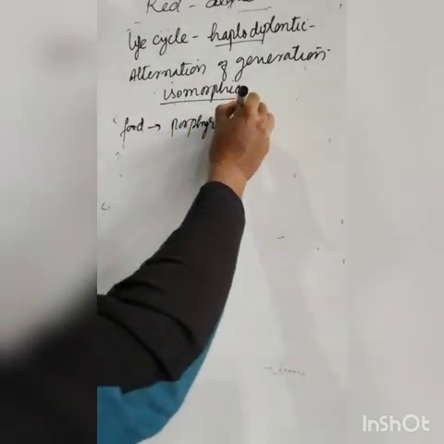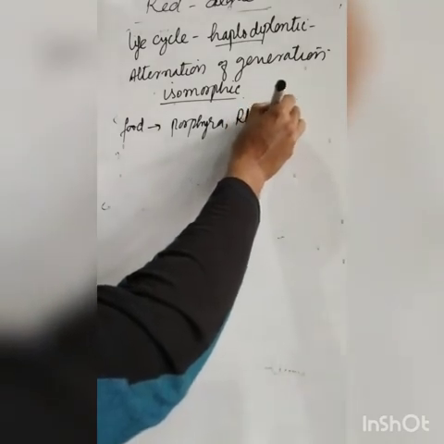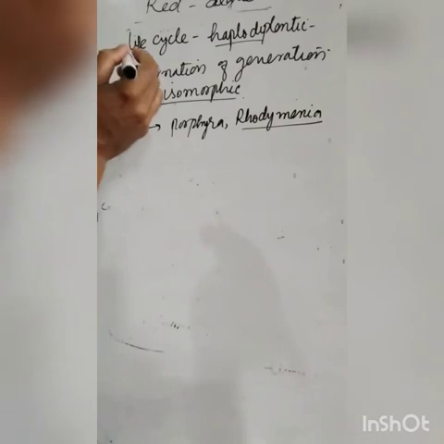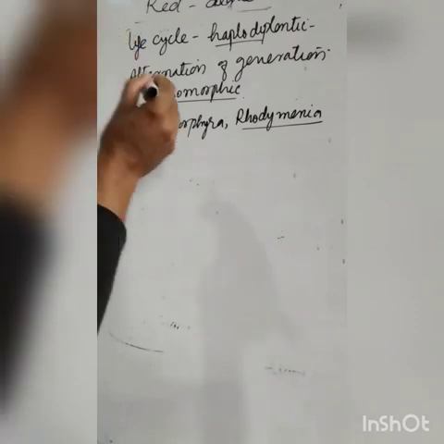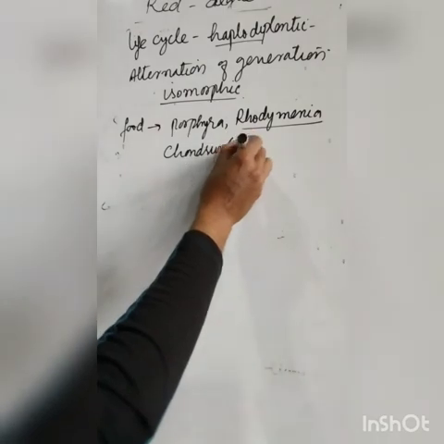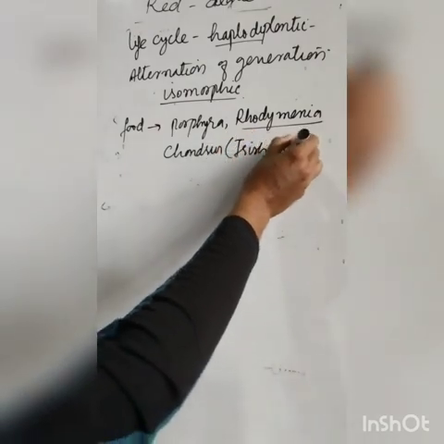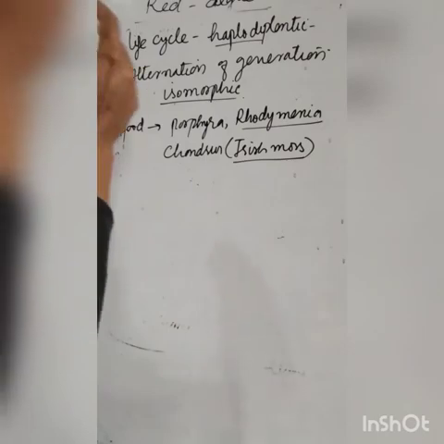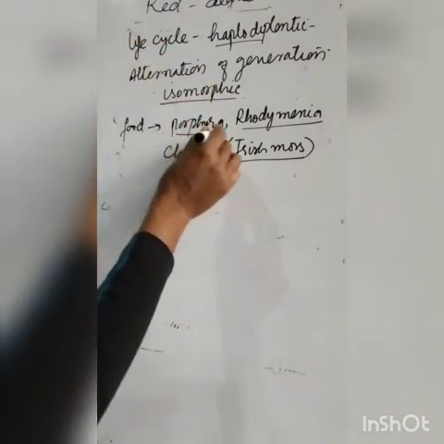There is Rhodophyceae, these are also used as food. And there is Chondrus, Irish moss उसको बोलते हैं. Chondrus, it is called as Irish moss, although it is not a moss plant. और Porphyra जो है, it is cultivated in Japan as food.